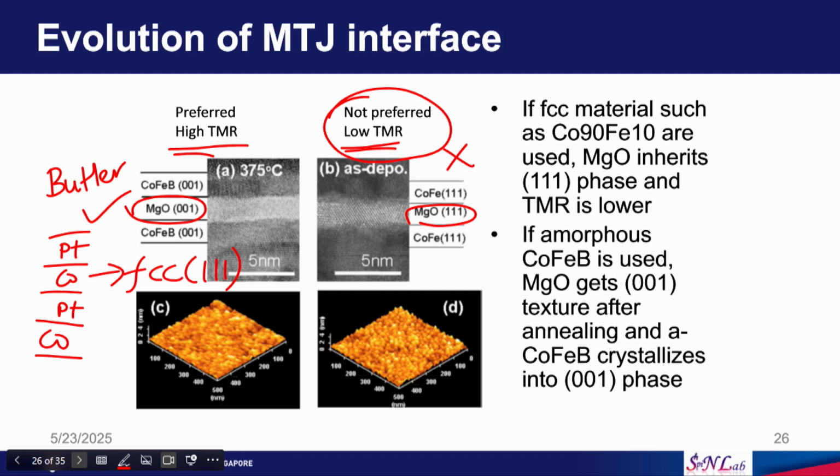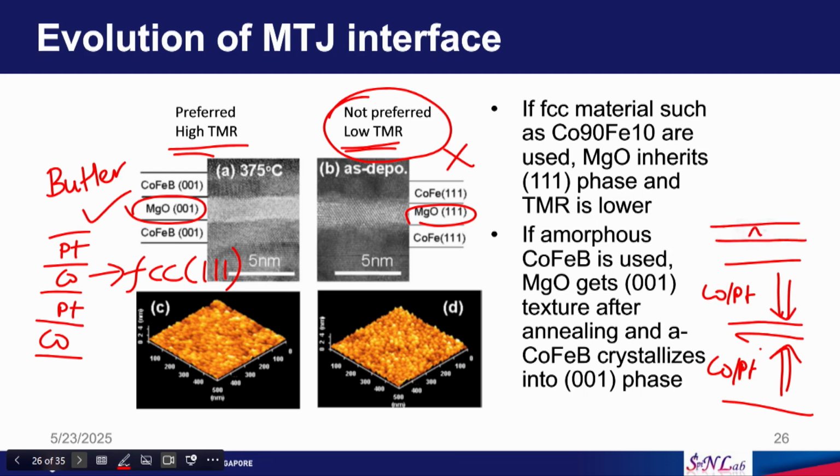If you remember a few days ago I showed you the whole stack of MRAM. There is a cobalt platinum at the bottom, there is a cobalt platinum at the top, and this was the synthetic antiferromagnetic structure. Then on top of this we have magnesium oxide and the free layer.